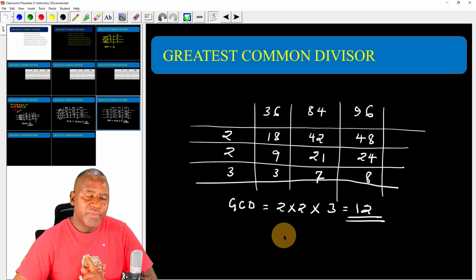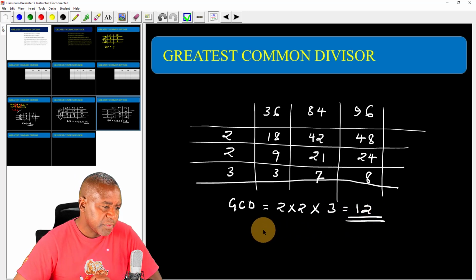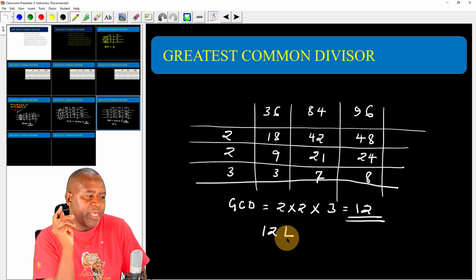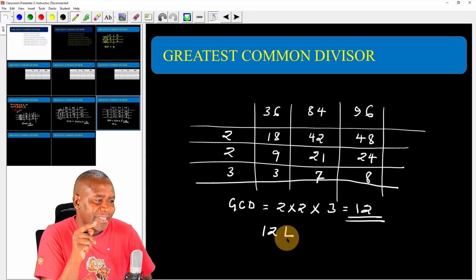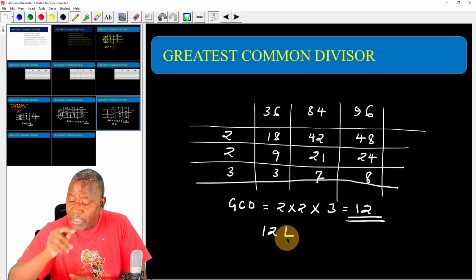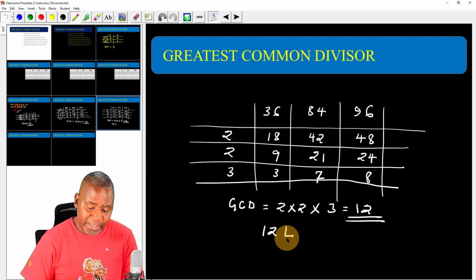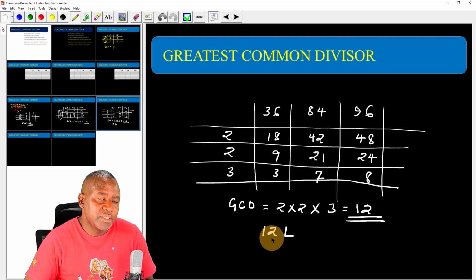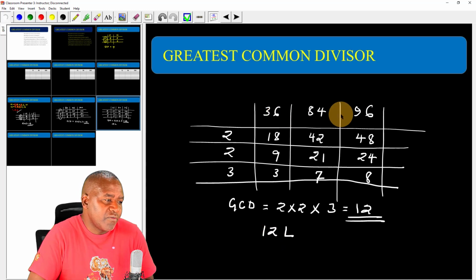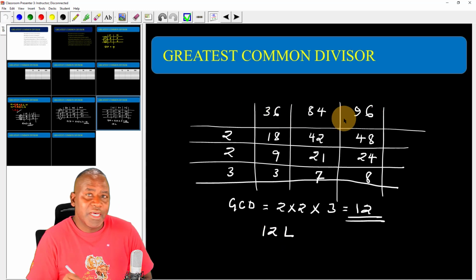So this container with 12 liters can fill each one of those containers exactly, because that is what we were asked to find. Determine the capacity of the greatest vessel which can be used to fill each one of them an exact number of times. 12 is the greatest common divisor of these 3 numbers, and you can see that application.